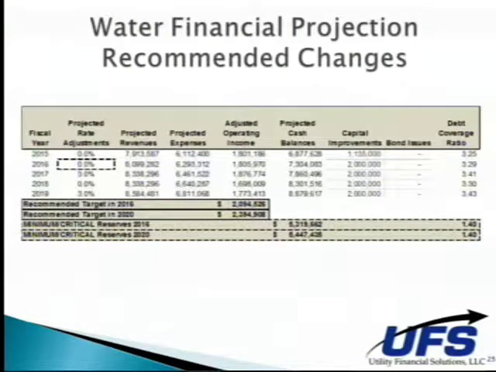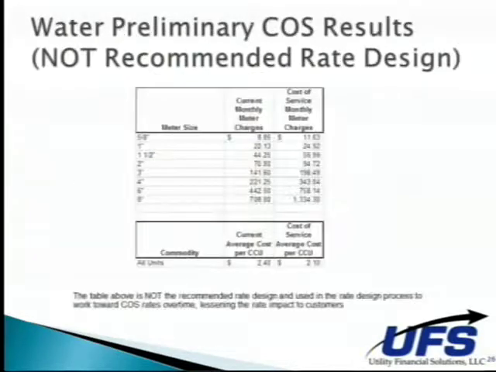You currently charge $8.85. On a cost to serve basis for a 5/8 inch meter, you should be charging $11.63. On the next rate design, we are not going to recommend moving from $8.83 to $11.63. We might only add $1 to that customer charge, and then put the rest on the CCU charge, because I have to look at the impacts to customers for low users and high users.